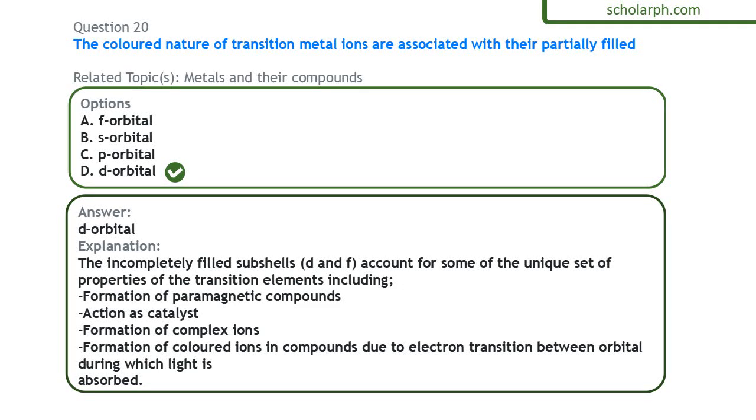Okay, the formation of colored ion in compounds is also due to the incompletely filled orbital as a result of the transition of electrons between the orbitals. Also, formation of complex ion and their action as a catalyst in many reactions, and the formation of paramagnetic compound. These are some of the properties of transition elements.